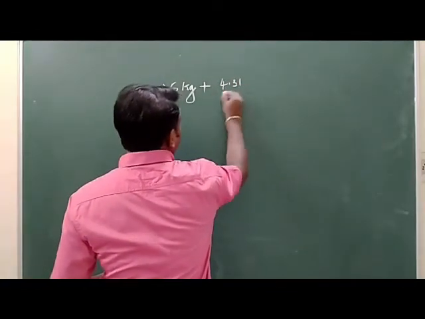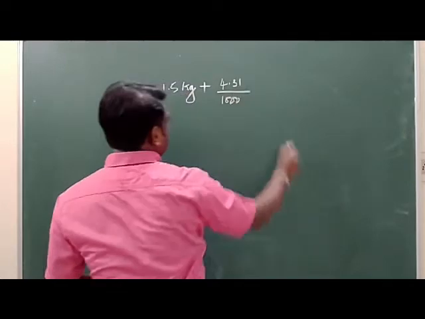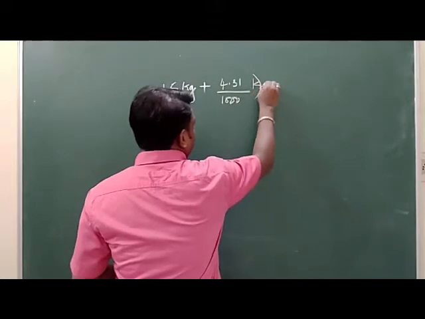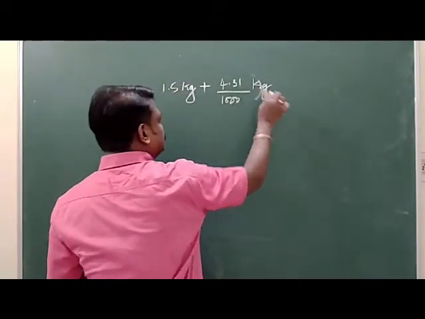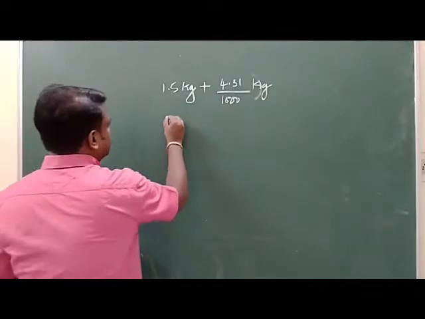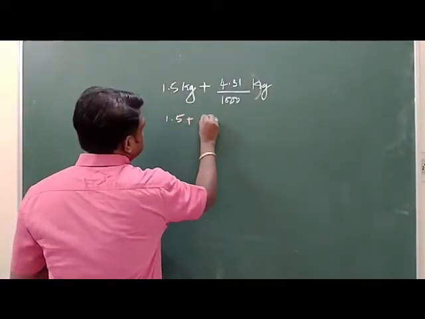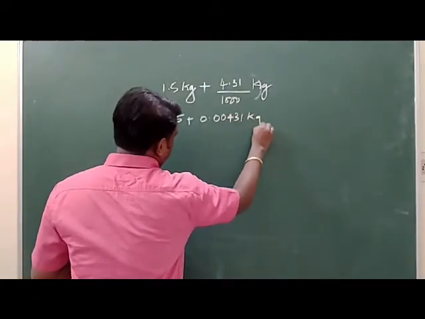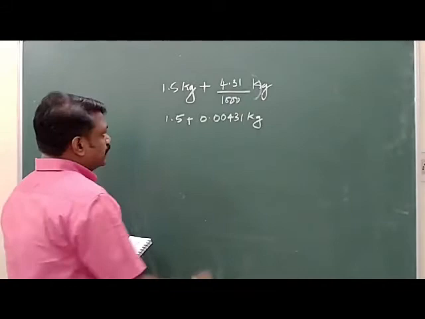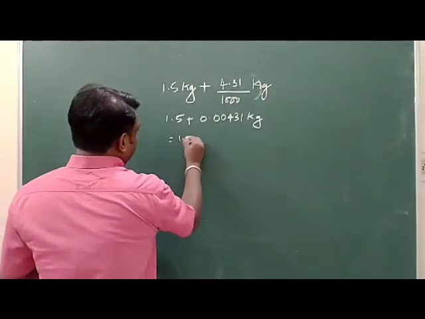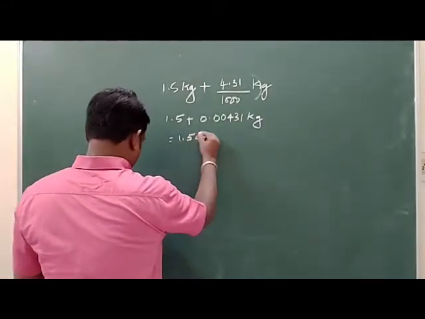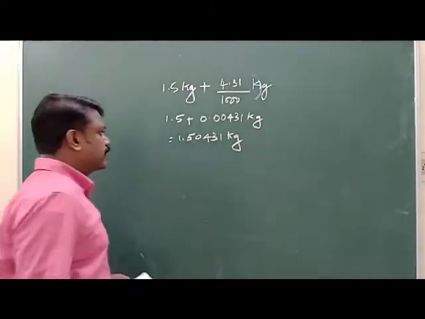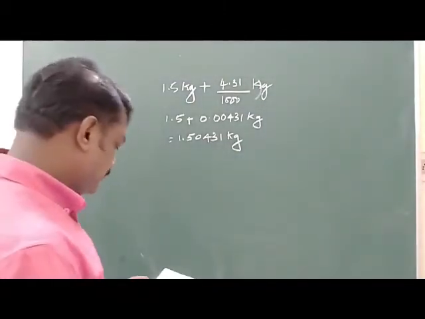You have to convert 4.31 gram into kilogram, so divided by 1000. So this will become 1.5 plus 0.00431 kilogram, which is 1.50431 kilogram.